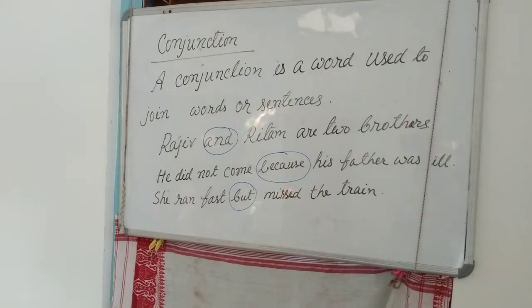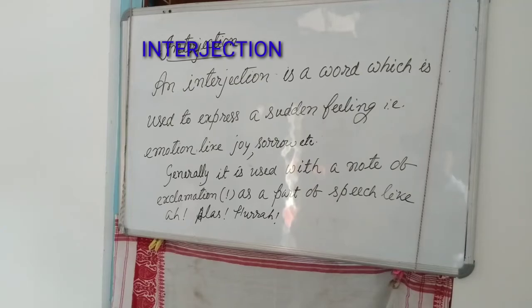Now come to the last part of speech, which is none other than the interjection. We are not free of emotion. Sometimes we express a sudden feeling of mind, our joy, our sorrow, our happiness, our sense of surprise, wonderfulness, by expressing some words, which are called interjections.